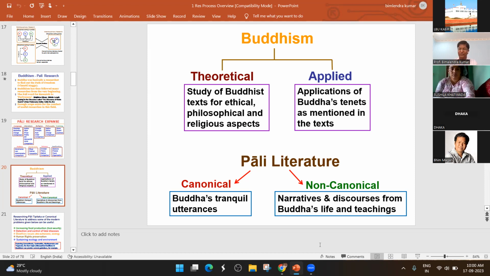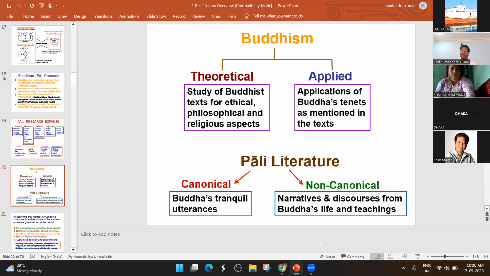In Sutta Pitaka, the popular discourses of the teachings of the Buddha are compiled in the five Nikayas, namely Digha Nikaya, Majjhima Nikaya, Sanyutta Nikaya, Anguttara Nikaya, and Khuddaka Nikaya. And in Abhidhamma Pitaka, which is called the philosophical teachings of the Buddha, they are more profound teachings of the Buddha.